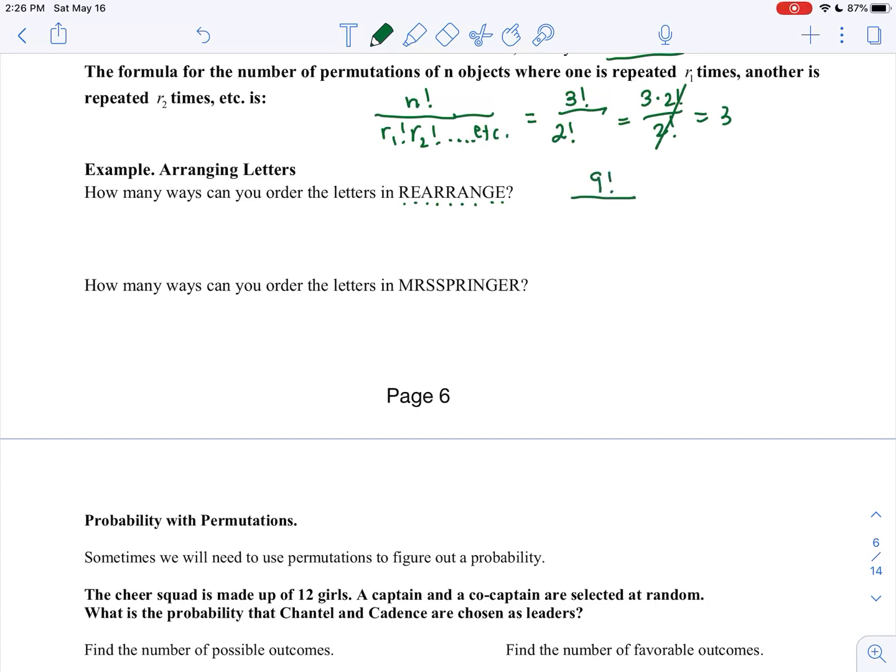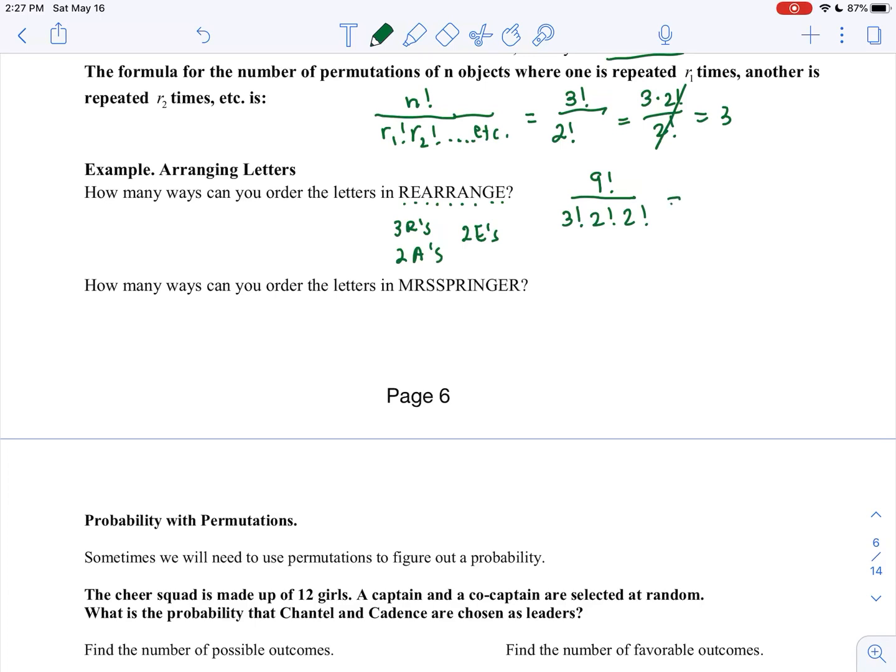And your answer would just be 9 factorial if there was no repetition of letters. However, we have 3 R's that are repeated. We have 2 A's and we have 2 E's. So what we do is we divide out the outcomes which are repeated. So 3 factorial, 2 factorial, and 2 factorial.